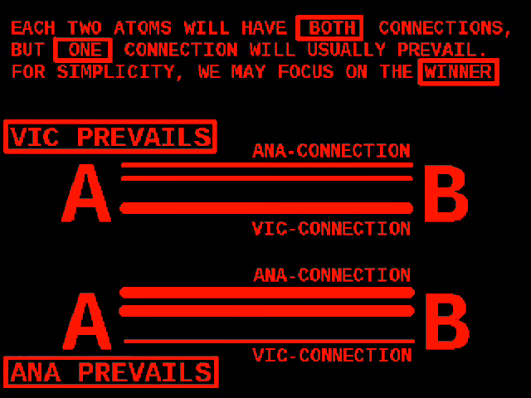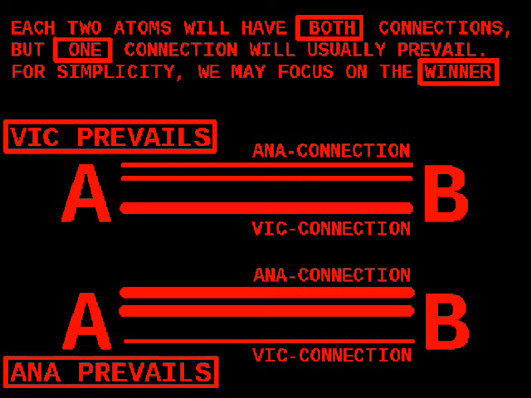As I said, any two atoms can have both connections. The question is which one usually prevails. And for simplicity, in my system designs I do this as well, you can focus on the winner. But don't forget that even if one connection prevails, that is not necessarily an absolute status, and certainly nothing immutable for any time ever after.